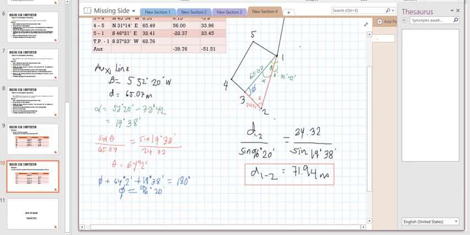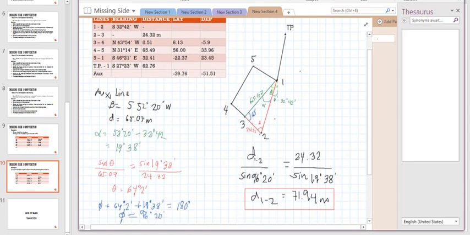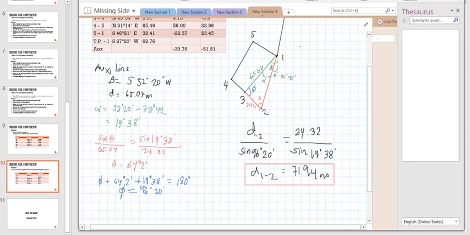Okay, then for the bearing of 2 to 3. So this is 32.42, that is P. This is also equal to 32.42.